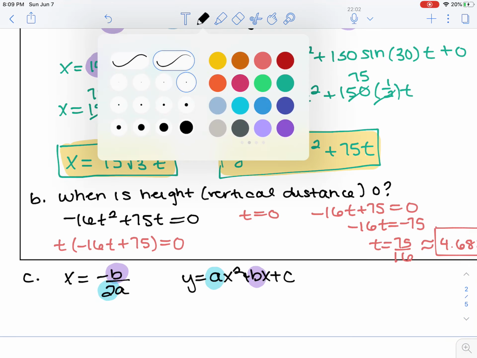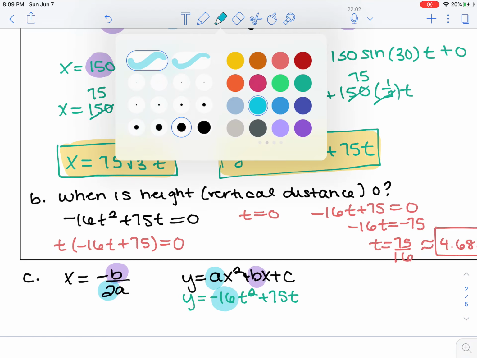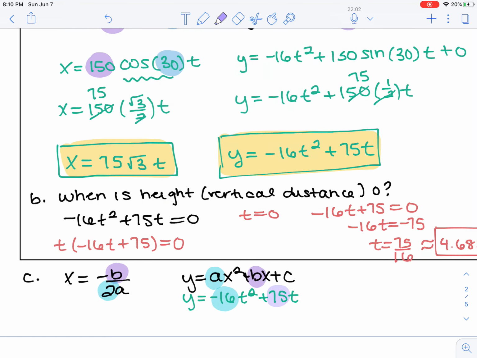So we're going to take that vertical distance equation, y equals negative 16t squared plus 75t, and substitute in the appropriate values. The negative 16 is our a, and the 75 is our b value.